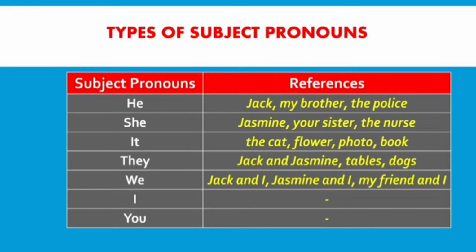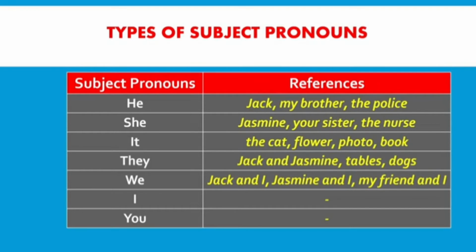Whereby for we, it is very easy. The keyword here is an I. Whenever you read a sentence that has the word an I in it, definitely it refers to we. Whereby for I and you, there are no references for it.